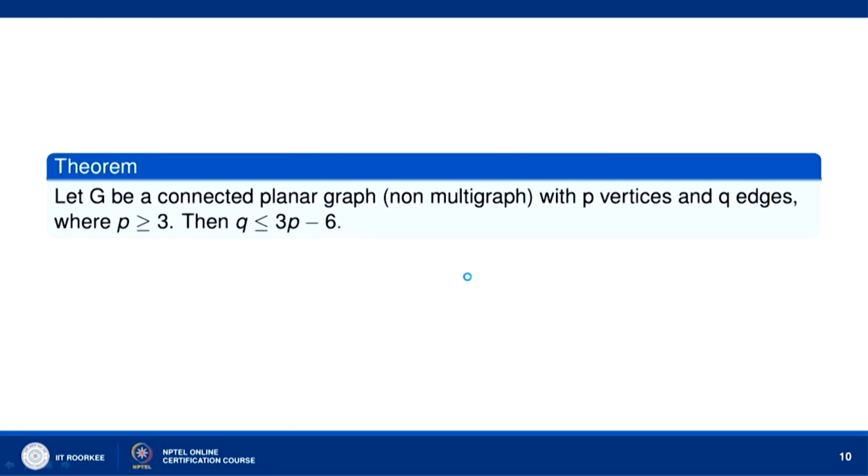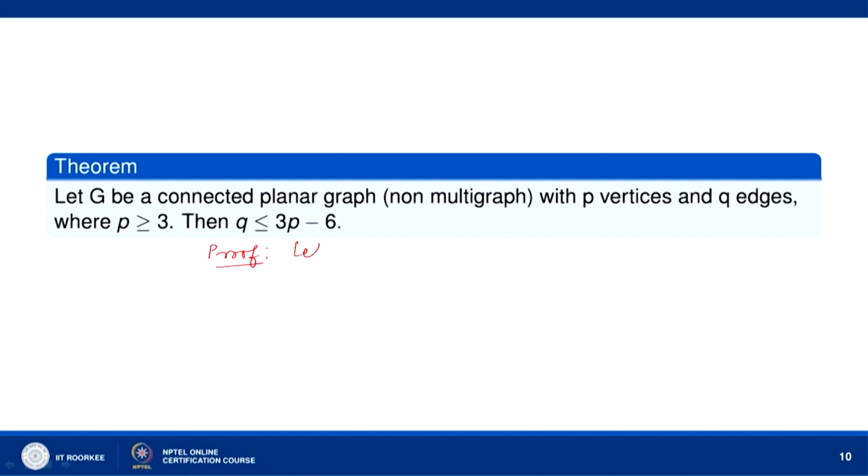Now, let us consider this result. Let G be a connected planar graph, not multi-graph, with P vertices and Q edges, where P is greater than or equal to 3. Then Q is less than or equal to 3P minus 6. So, let us prove this theorem.